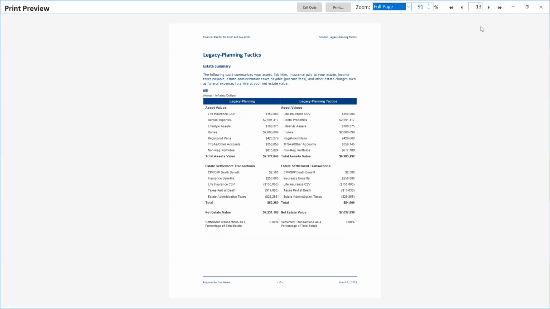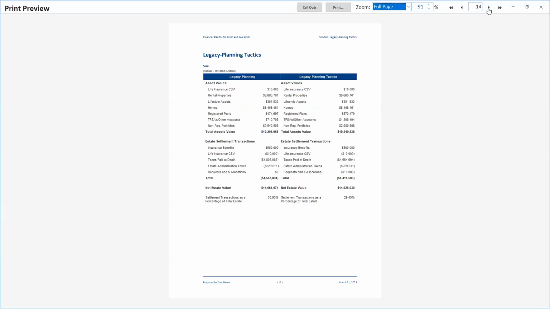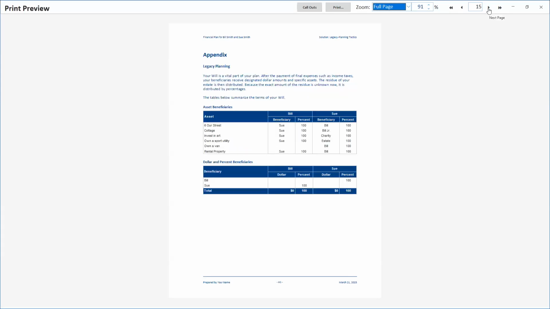This gives you an estate summary, the before and after, and again, the net estate value that's involved. And that's for Bill, this is for Sue. And then we get into the terms of the wills as they exist now, and that's important to understand. So for Bill, his half of the house is going to Sue, but under the terms of the will, Sue's half of the house is going to Bill.